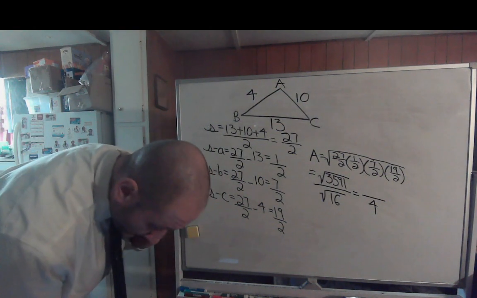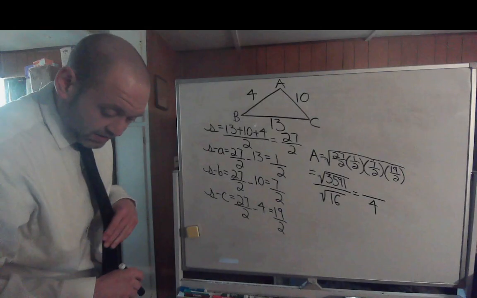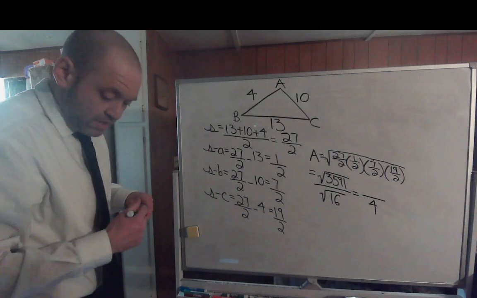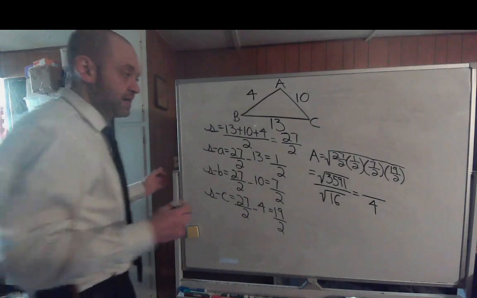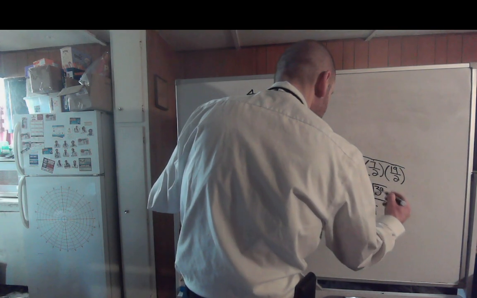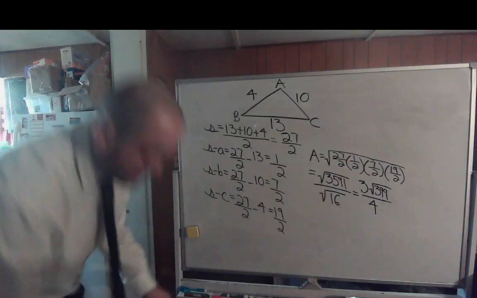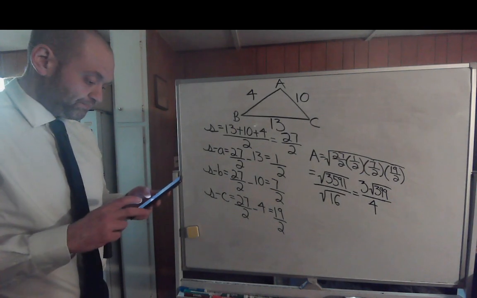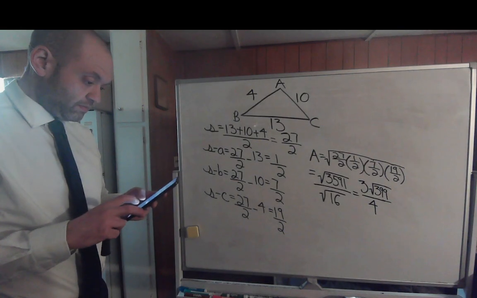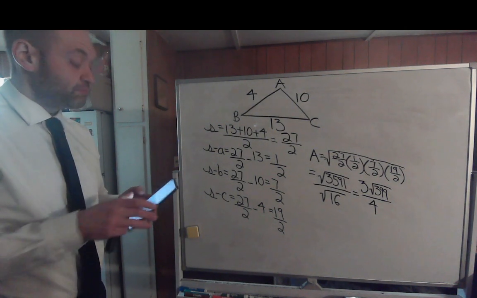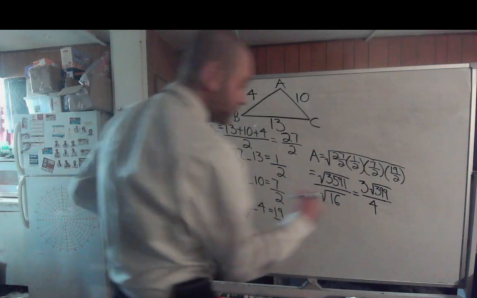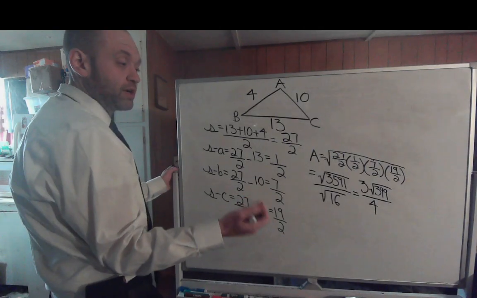Well, that would simplify into 9 times 399, so that would be 3 times the square root of 399 all over 4. But I don't think 399 breaks down any further. Nope. So we're stuck.